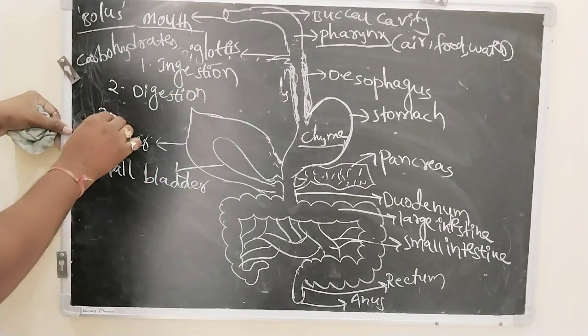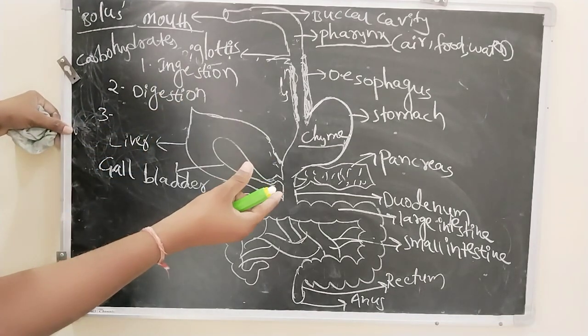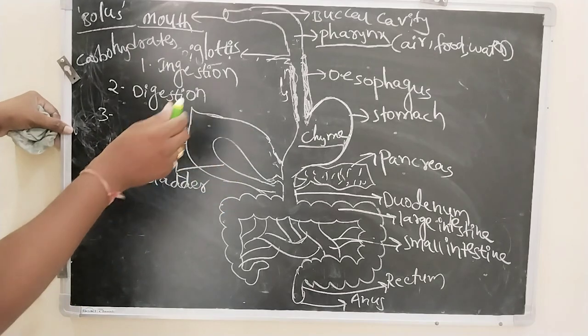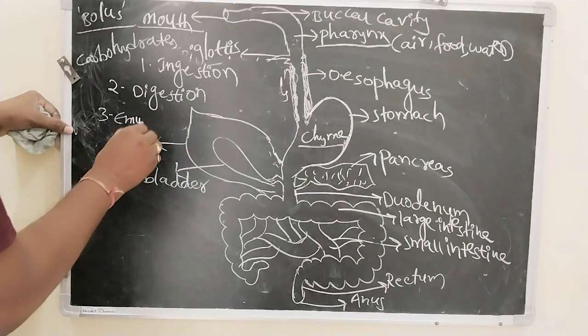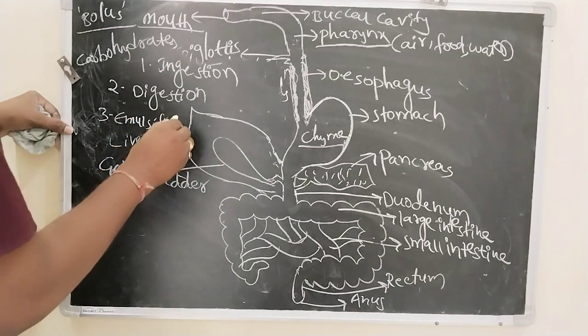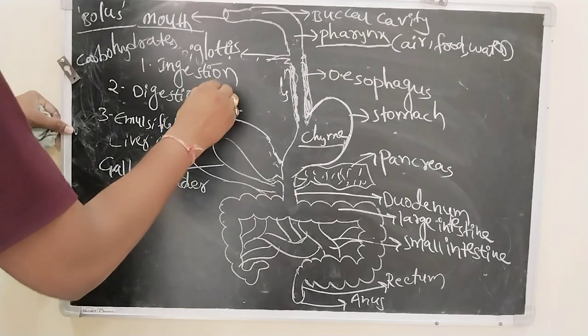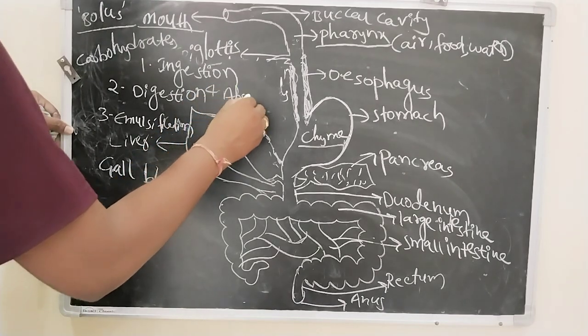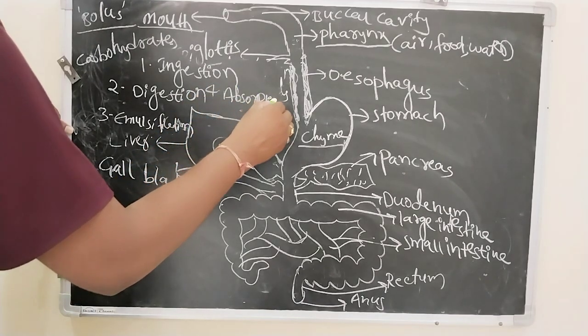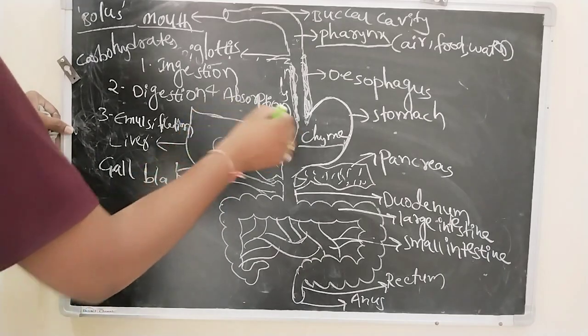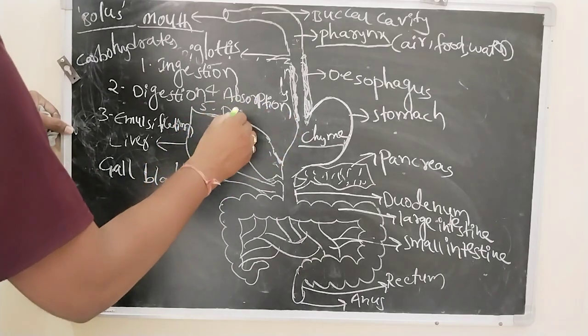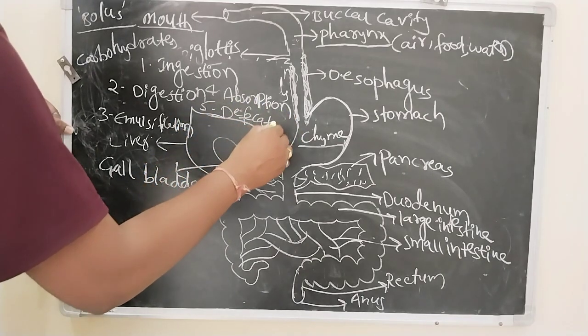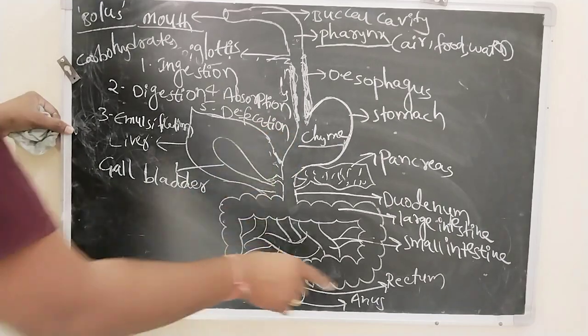The breakdown of large fats into smaller ones with the help of bile juice is called emulsification. And fourth one is absorption: transport of digested food from the small intestine to the blood with the help of villi. And defecation: the removal of unwanted or undigested food material from the body to the outside through the rectum and anus.